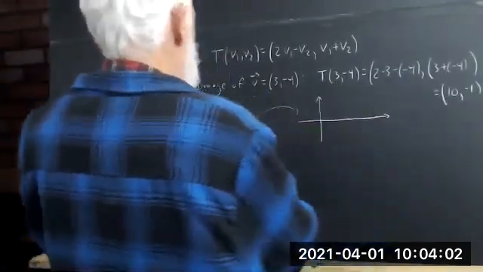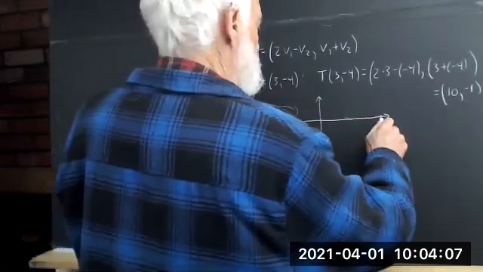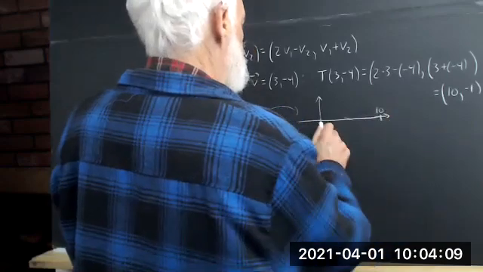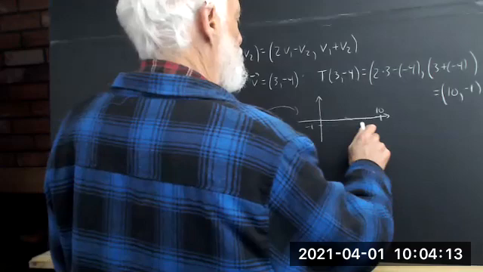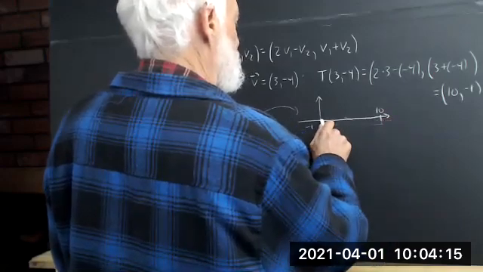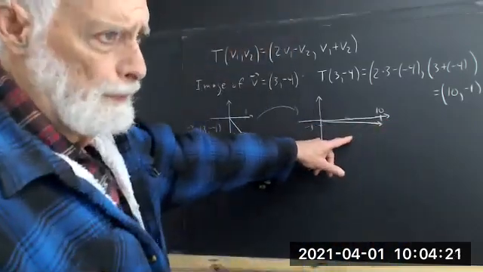So if 3 is here, then 10 is going to be 1, 2, 3 times that far, and then a little bit more. So here's 10. Let's say here's -1. So we can project over here, and here's our image.